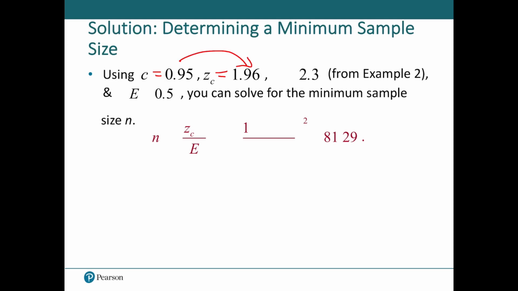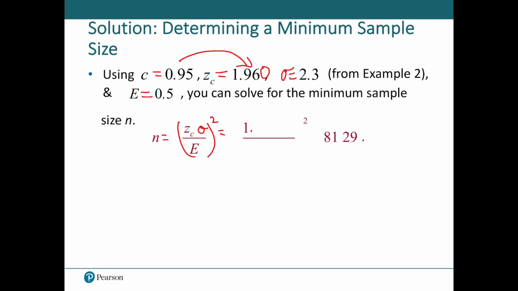So C is 0.95, that immediately leads us to 1.96. They are linked together, and by the way, if you want the third decimal, there it is. Feel free to use it anytime you like, but most people just use 2 in this particular case. We also had sigma equaling 2.3, and the margin of error, E, was given to be 0.5.